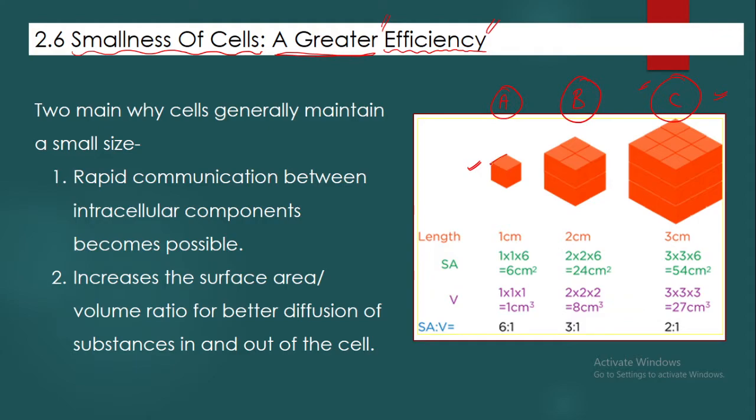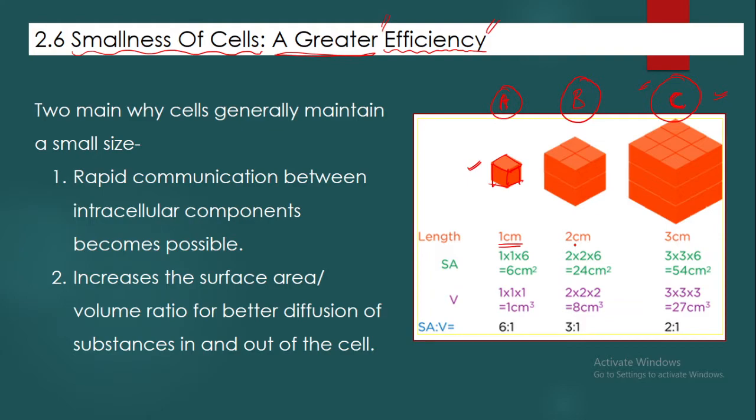Now here, this is a small cube, and to make the C cube, how many A cubes are required? This is a 1 centimeter cube, all sides equal. The second one is 2 centimeters and the third one is 3 centimeters.